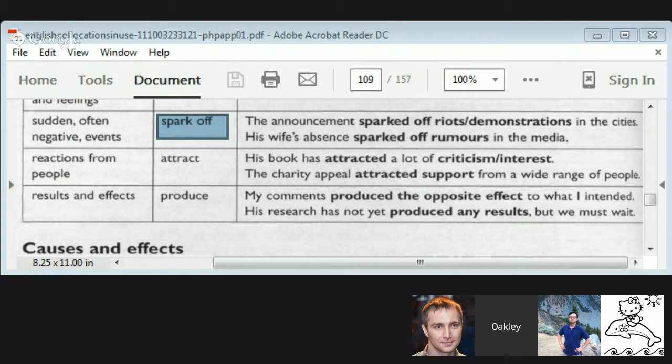I would expect to hear this or see this in the news. I would hear it on TV, on CNN, for example. I would read it in the New York Times. Journalists are fond of this verb. I hear it all the time in the news, but not really in normal day-to-day conversation.